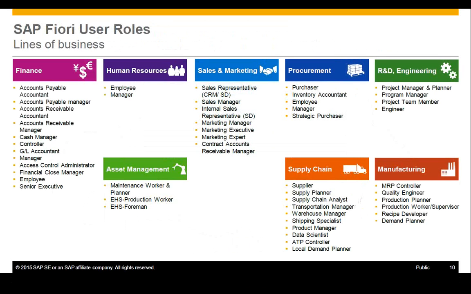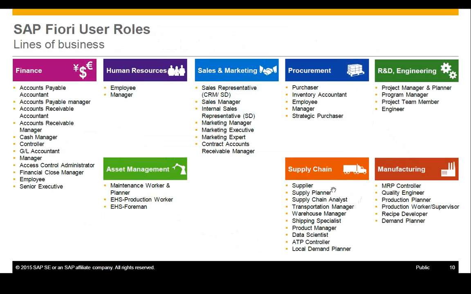So, as I mentioned before, Fiori is role-based. So, these are some of the finance roles. There are HR roles, sales and marketing roles. You can have sales representatives, sales managers, and others. These are procurement roles. These are your engineering and R&D roles. These are your manufacturing roles related to production.